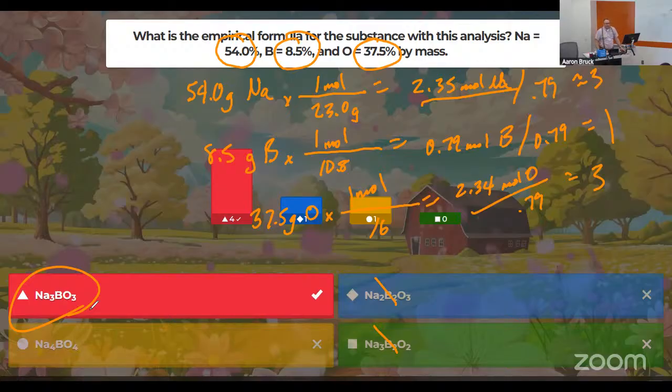So look for those little places where you can save yourself time, where you can kind of steal a minute from the test makers by recognizing certain kinds of attributes of the question.